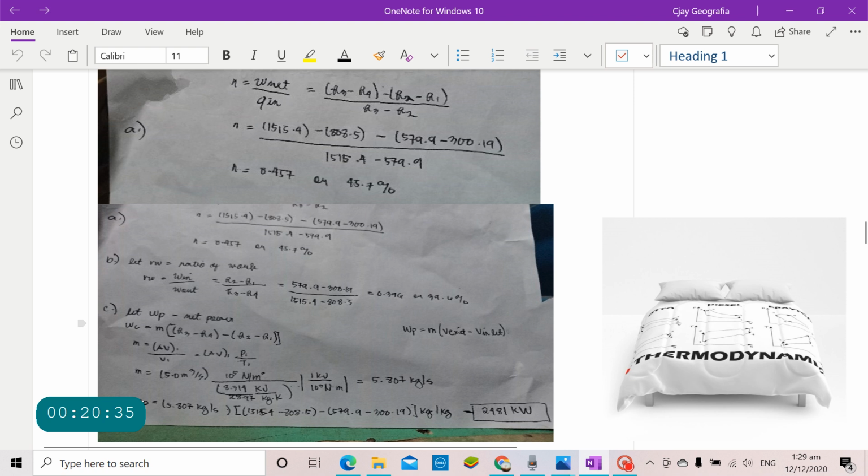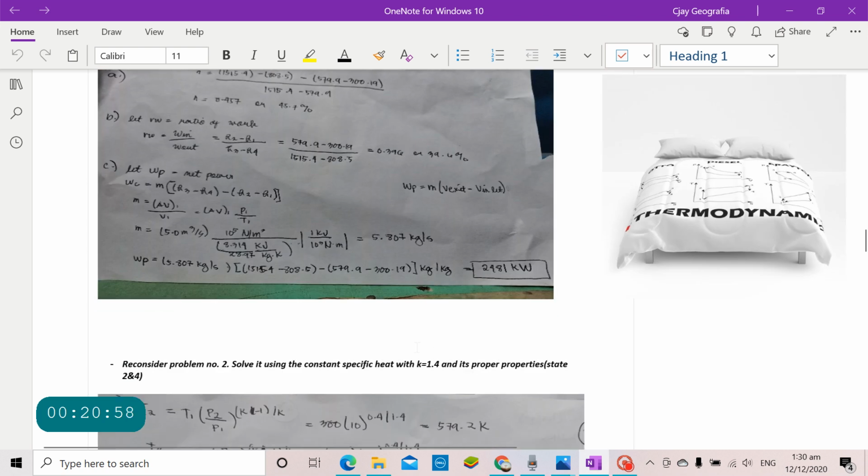So the net power is equal to this value of m times H3 minus H4 minus H2 minus H1, our formula, guys. So you will get 2481 kilowatts.